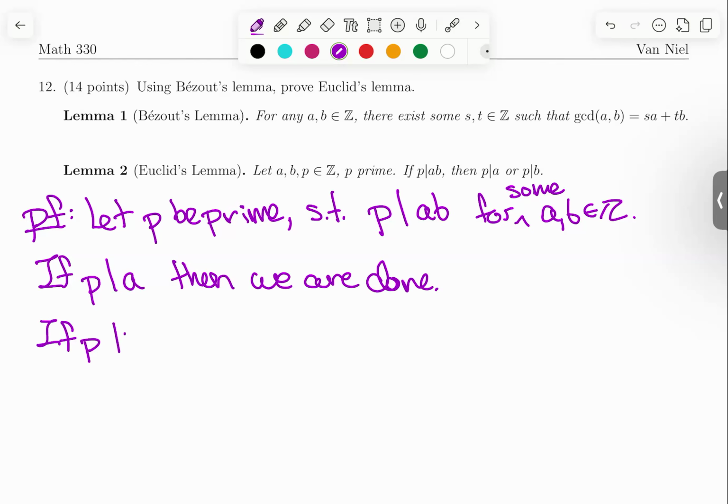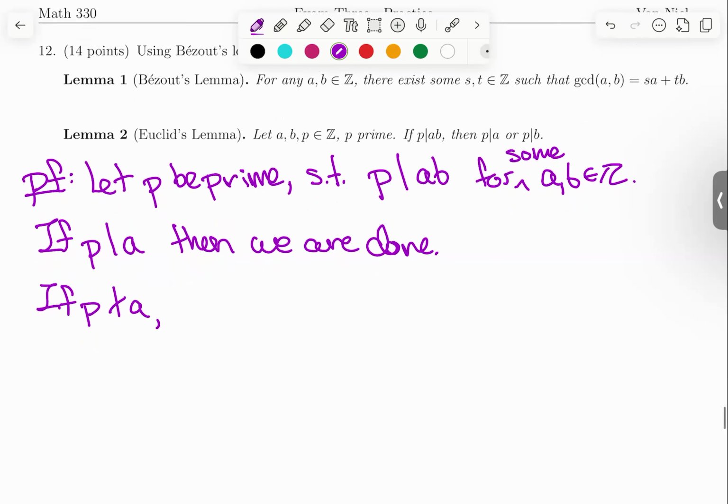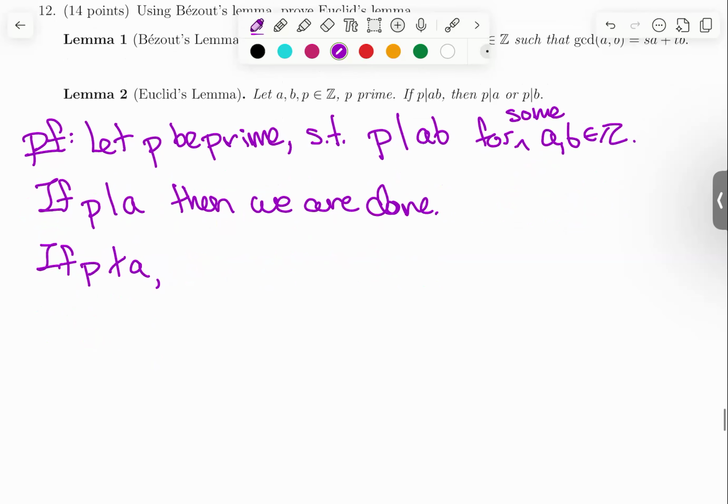If P does not divide A, well, then we really have to show that P must divide B. Well, if P doesn't divide A, then the GCD of P and A has to be 1. Because remember, the only positive divisors of P are 1 and itself.